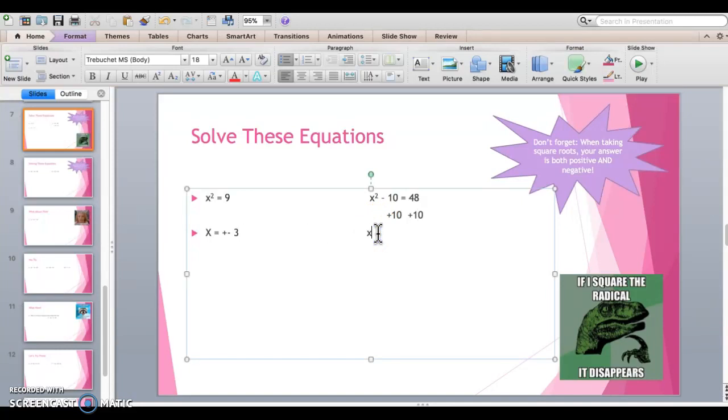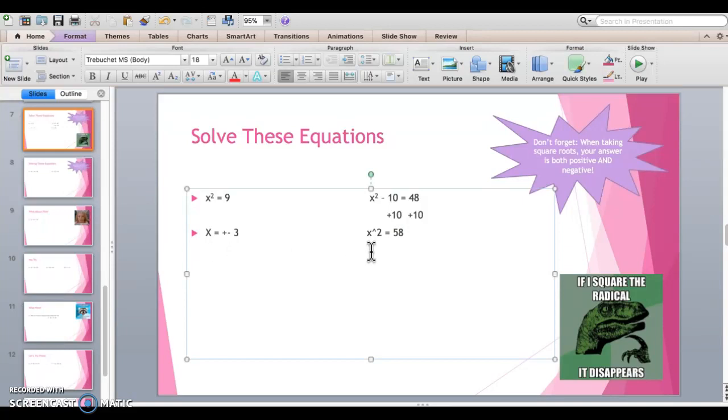And when we have this x squared here, we are able to take the square root on both sides, but on the right side over here, we have a 58. So here we would end up square rooting both sides. We would square root the x squared and the 58, which left us with the square root of 58.